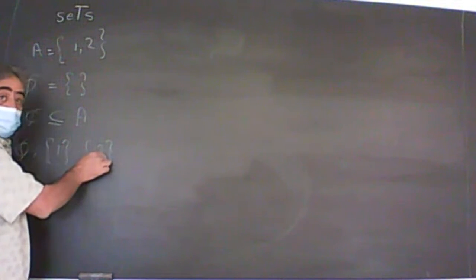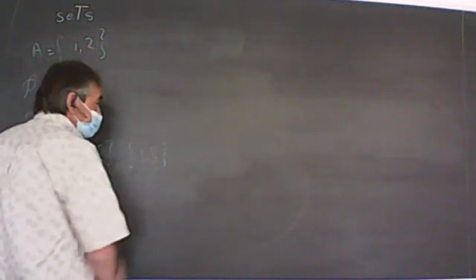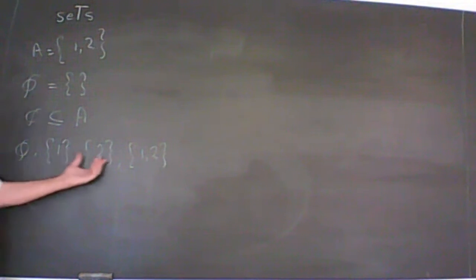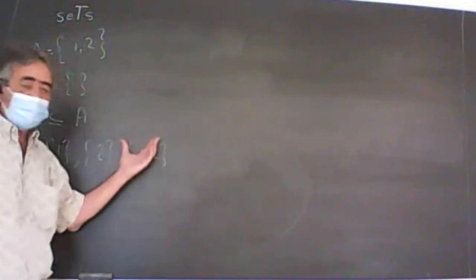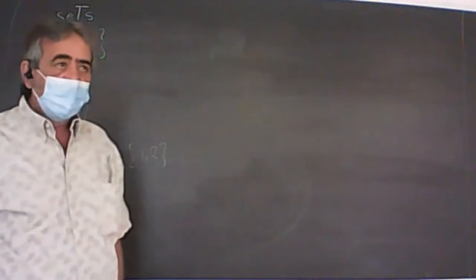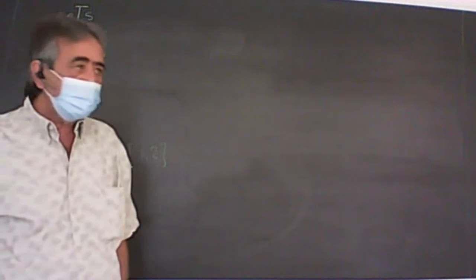And I say this is a subset of A. That's all the one-element sets I can make. I can also make a set containing 2 elements and say this is a subset of A as well. Yeah? Clear? So all of these are subsets of A. So how many subsets was I able to make? 4. Yeah? 4. We were able to make 4 subsets from a set that contains 2 elements.